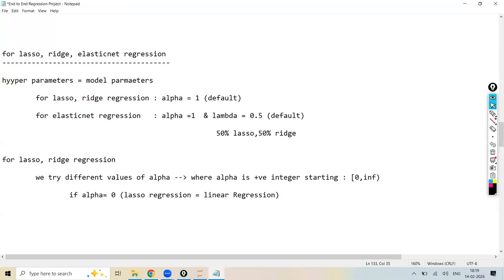Initially, first we give alpha from 1 to 10.